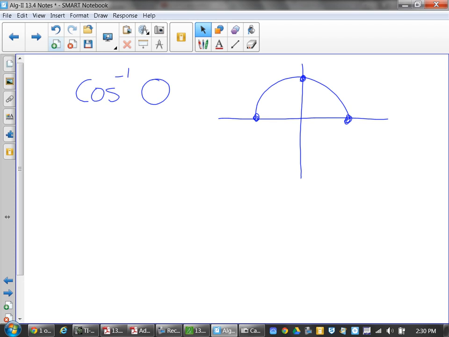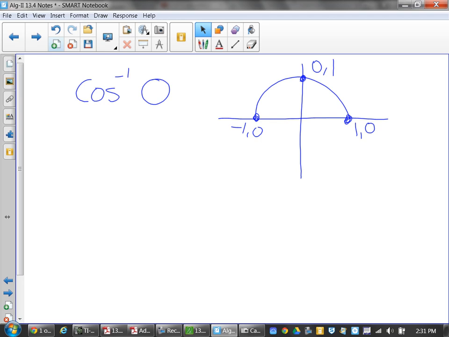Your ordered pairs are at 1, 0, 0, 1, negative 1, 0. It's the top one. Why is it the top one? Because the cosine is the x. Guys, remember, cosine is x over r.